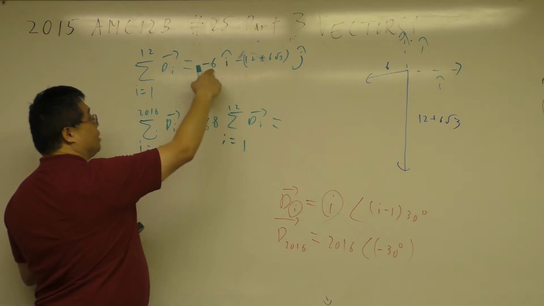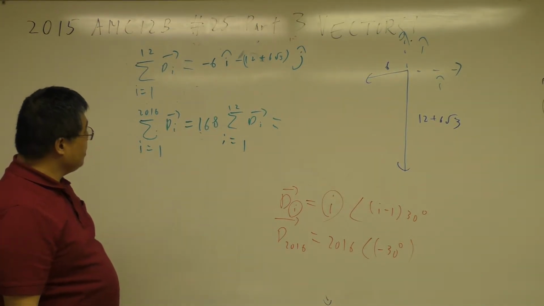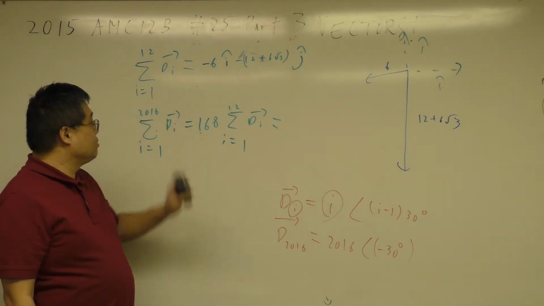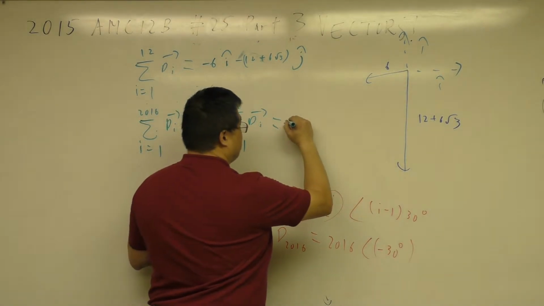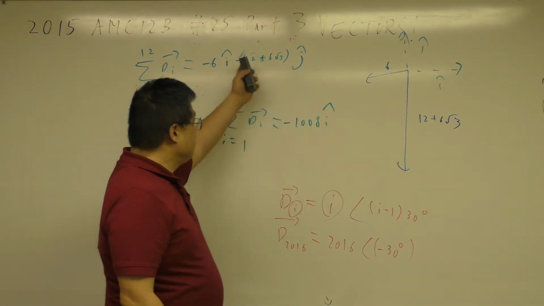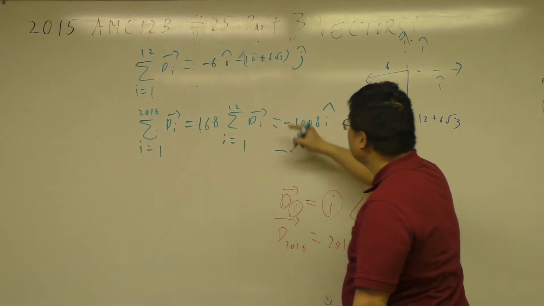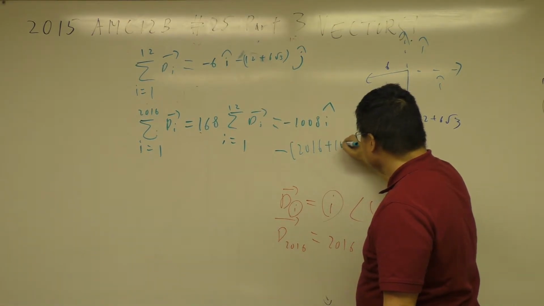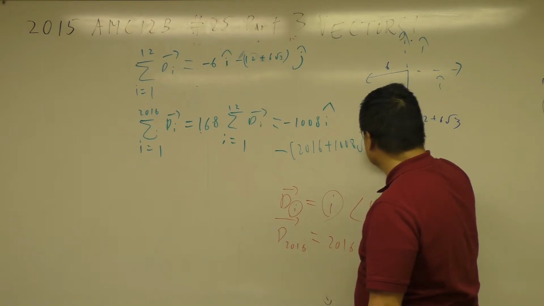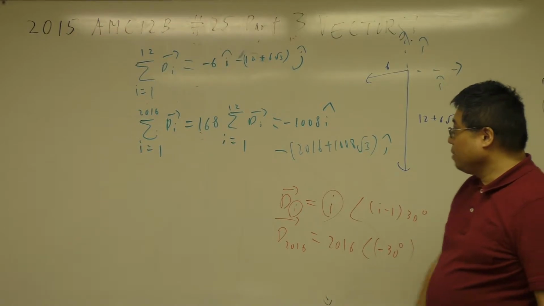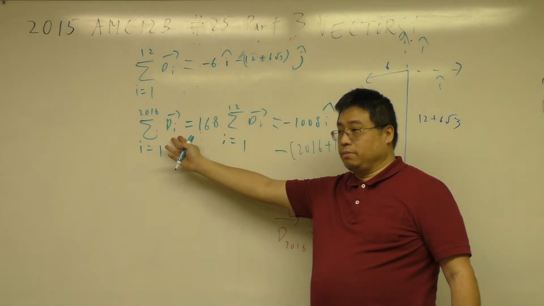So just 168 times that, and we kind of know what it is. 168 times 12 was 2016, so that is minus 1008 i, and then minus 2016 plus 1008 square root 3 j. So that's what happens if you add 2016 of them.